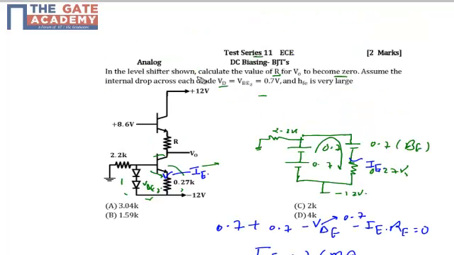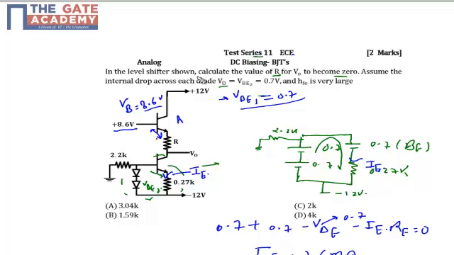Now if I focus on transistor A, the base terminal has a potential of plus 8.6 volt, directly attached to the base terminal, so my VB will be 8.6 volt. Now I assume that the base-to-emitter voltage for transistor 1 is also 0.7, again assuming it is in the active region.